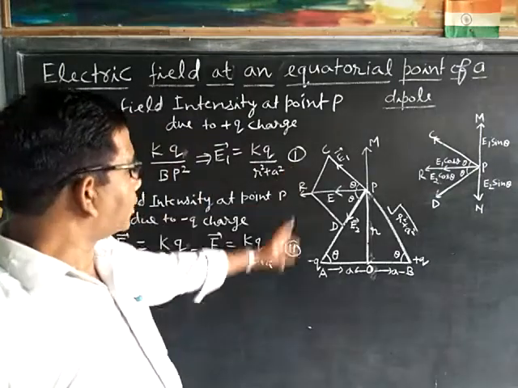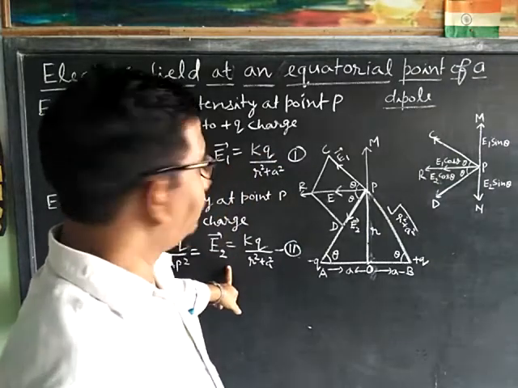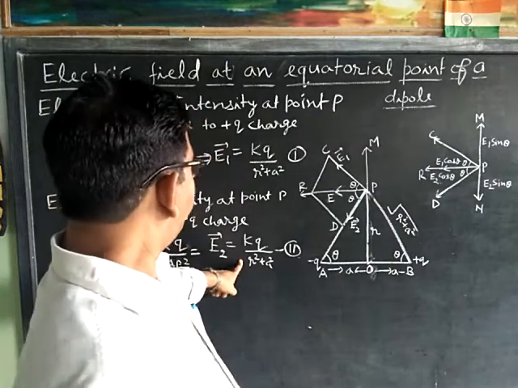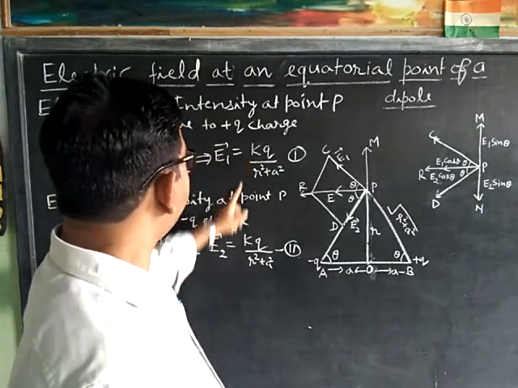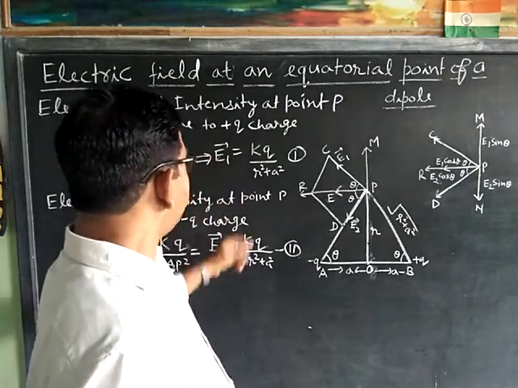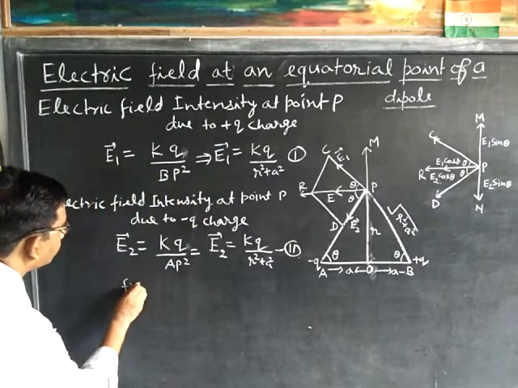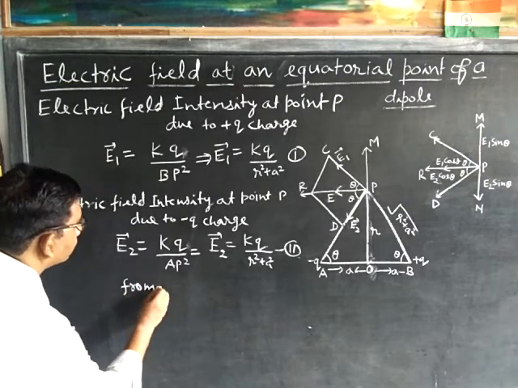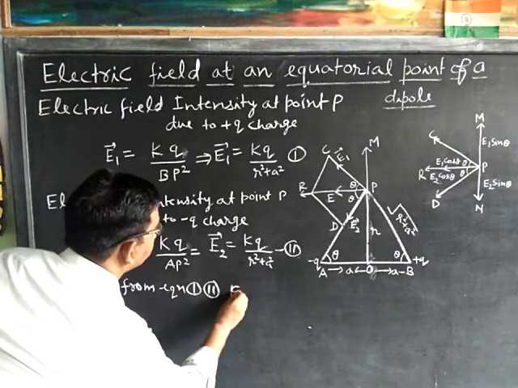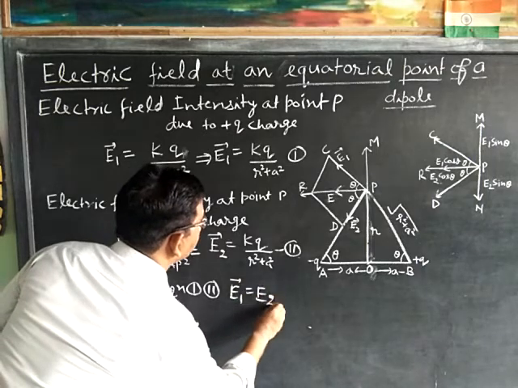From equation first and second, we see the right hand sides of both equations are equal, that is KQ upon r square plus a square. Therefore, from equations first and second, E1 is equal to E2.